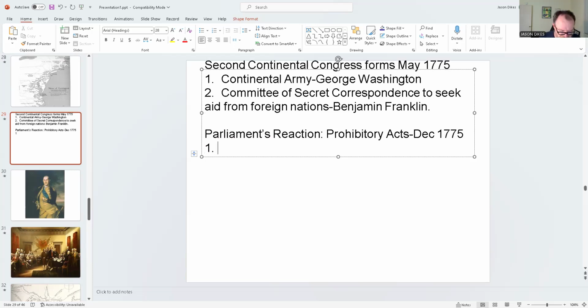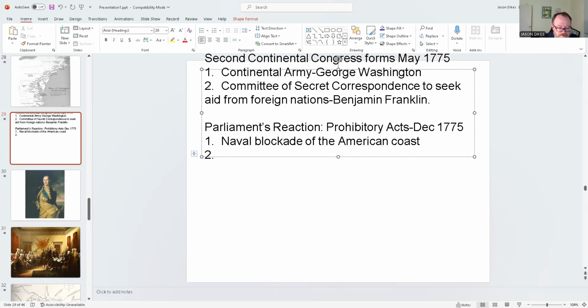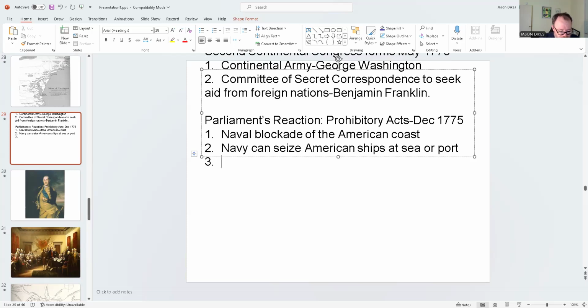This does three things. Naval blockade of the American coast, which is an act of war under international law. The British Navy is also authorized to seize American ships at sea or port, again, an act of war.